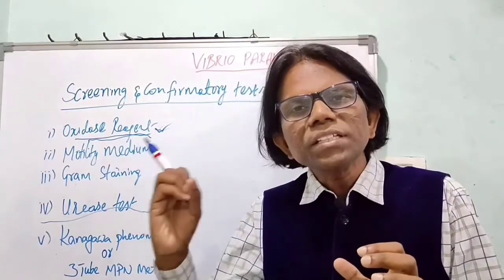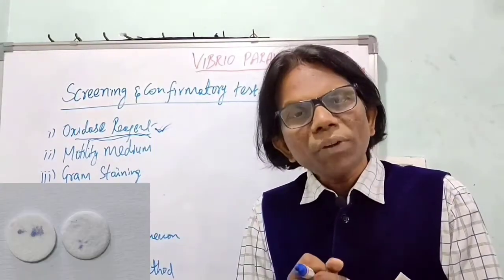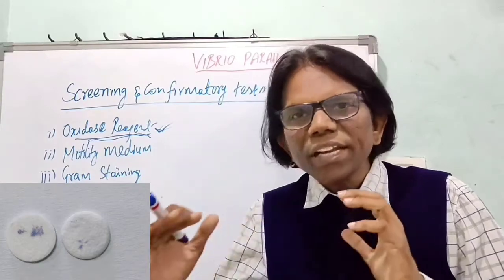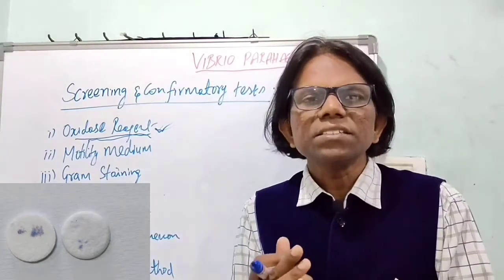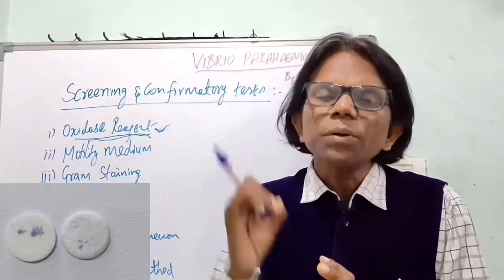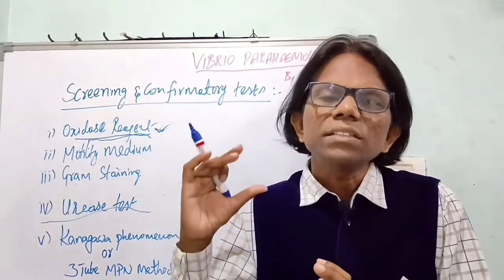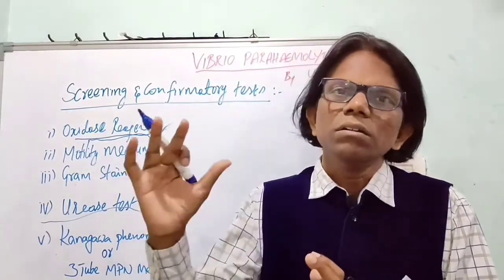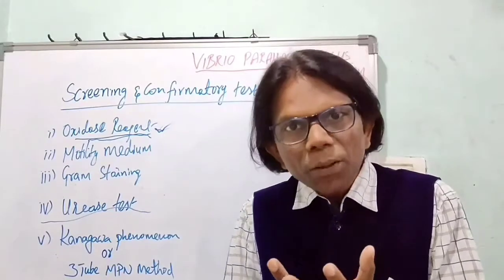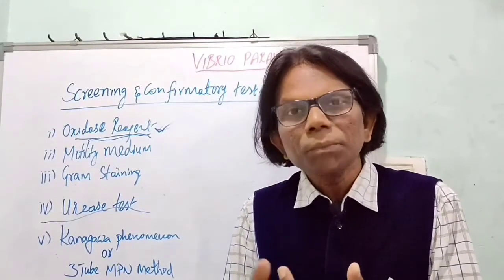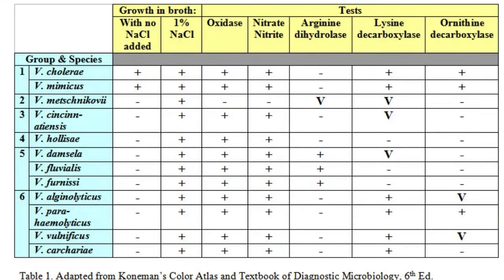After transferring the overnight cultures, we can observe within 10 seconds that a dark purple color will form on the filter paper, which is called oxidase positive. Vibrio parahaemolyticus, Vibrio cholerae, Vibrio vulnificus, Vibrio mimicus, all come under oxidase positive. A few of the Vibrio parahaemolyticus strains are oxidase negative.